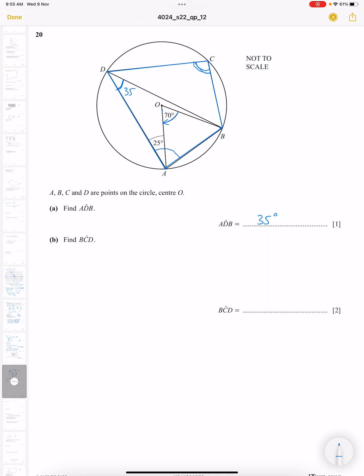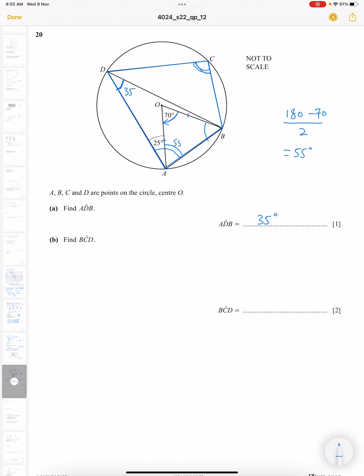We can find out this total angle. Since OA and OB are both radius, so they are equal in length, so these angles will be equal. This angle should be equal to this one. So in an isosceles triangle, we can find these equal angles by subtracting 70 from 180 and dividing by 2. We got 55 degrees.